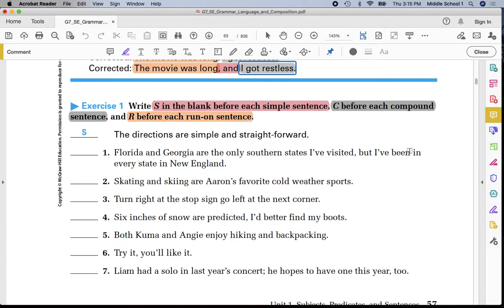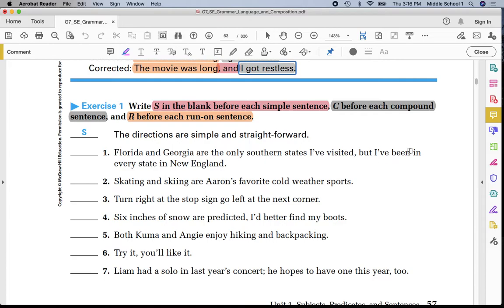What makes it a simple sentence? It has a compound subject, one predicate. 3. Turn right at the stop sign, go left at the next corner. Run-on. There is no punctuation, no comma conjunction to separate the two.